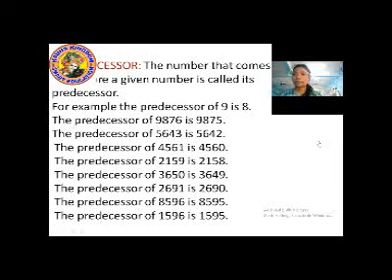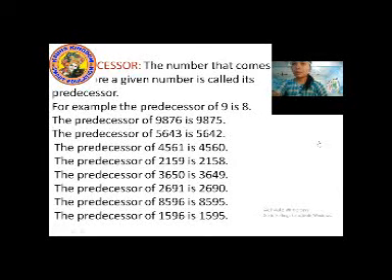In the same way, the predecessor of 2159 is 2158. In the same way, the predecessor of 3650 is 3649.